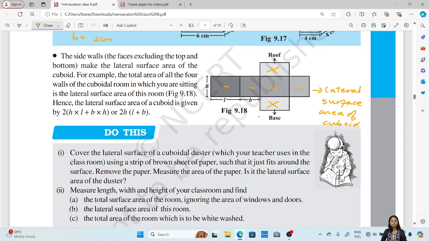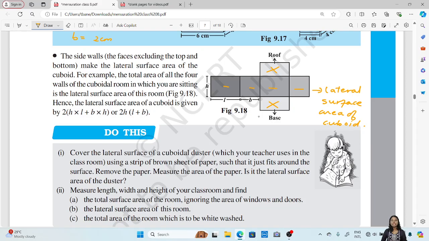When we include the roof and the base, it gives the overall surface area. But when we exclude them, we get the lateral surface area of the cuboid. For example, the total area of all four walls of the cuboidal room in which we are sitting is the lateral surface area of this room.